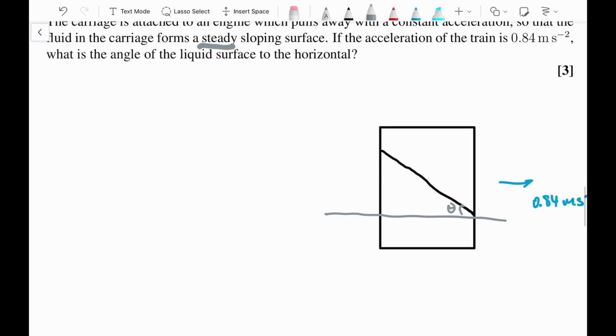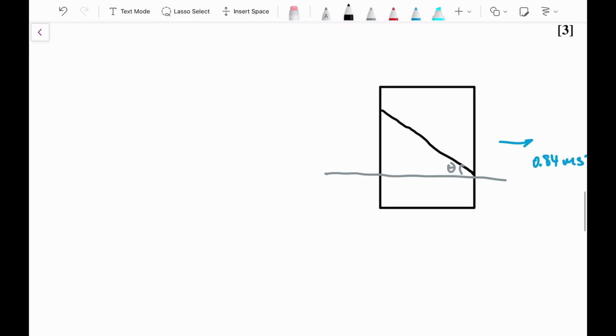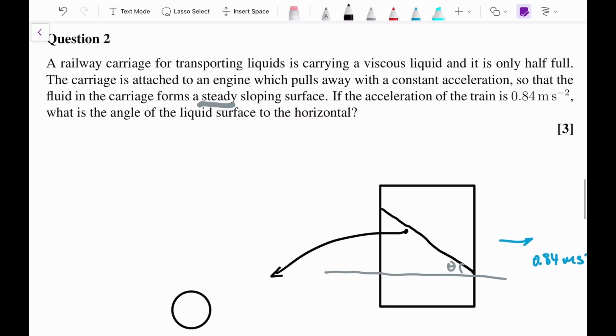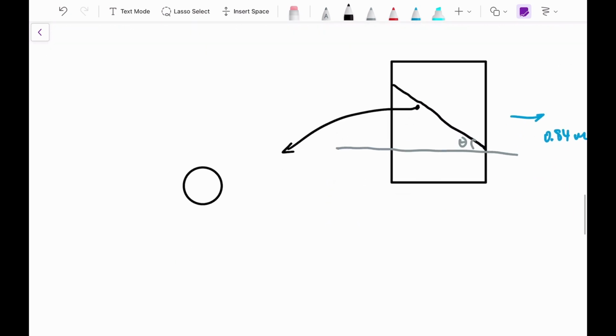Now, if we look at one particle of liquid over here, and zoom in, we assume that the carriage is moving towards the right, so it will be experiencing a force to the left, and the force will be simply its mass times the acceleration.